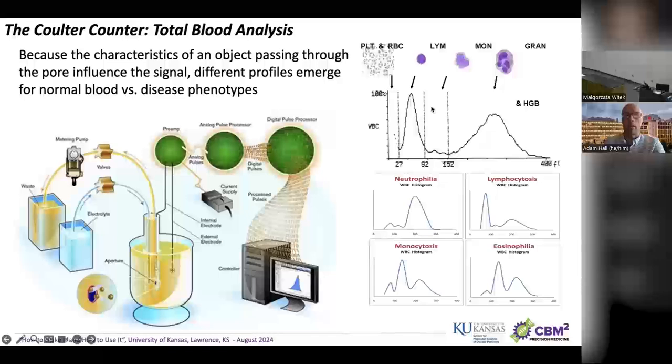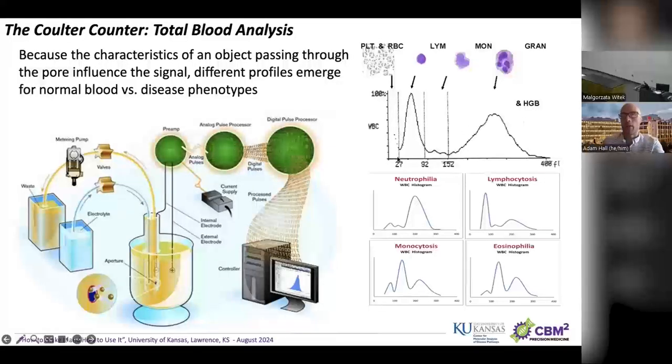What was found very early on was that different types of white blood cells, which are all shown histologically up here at the top, lymphocytes, mononucleocytes, et cetera, all have different shapes and different sizes. That means that as they're passing through this hole, they're going to give a different signal that tells you which type of cell is actually passing through.